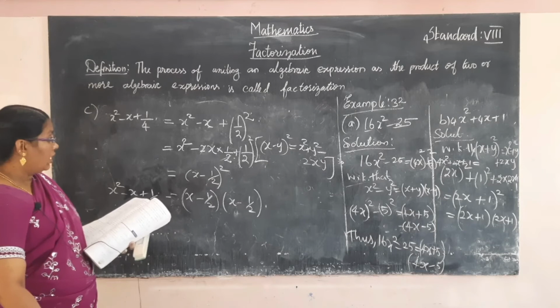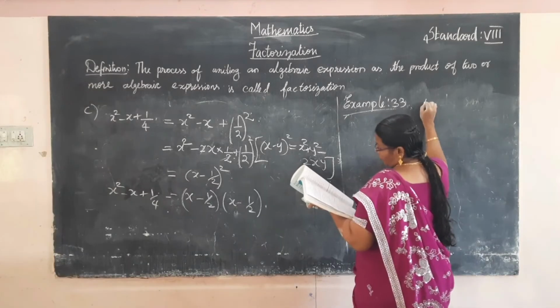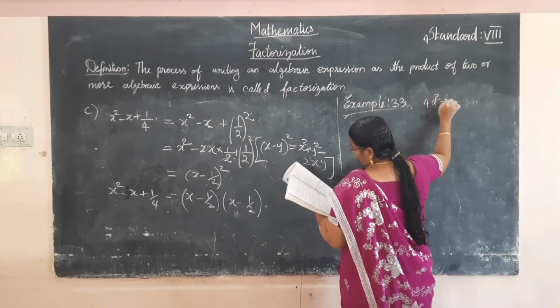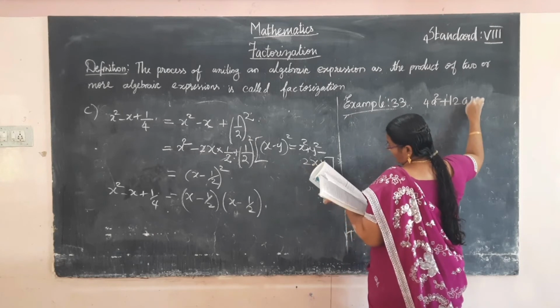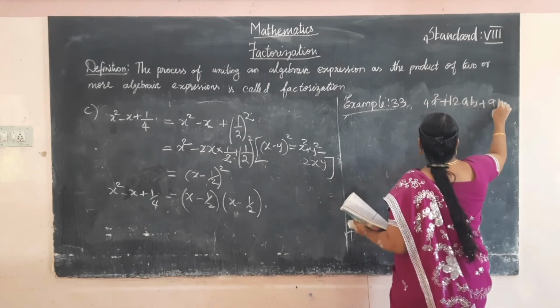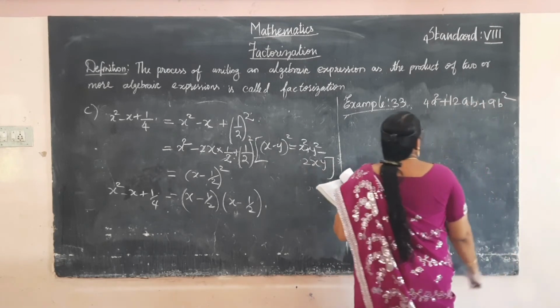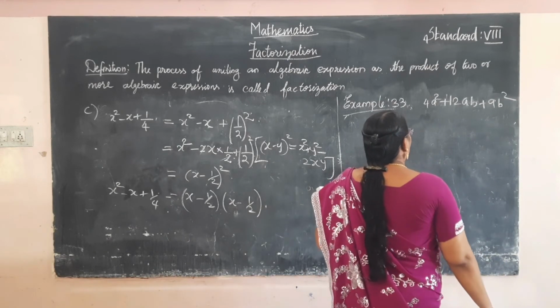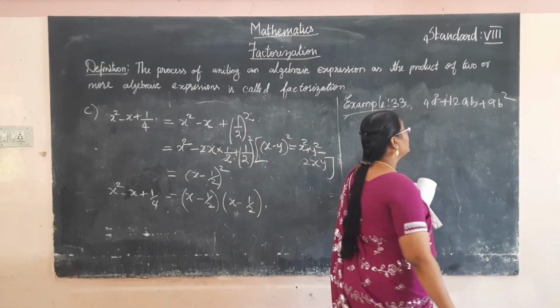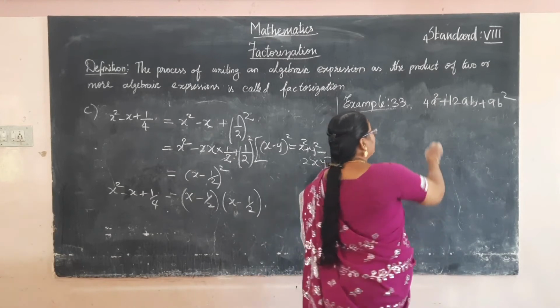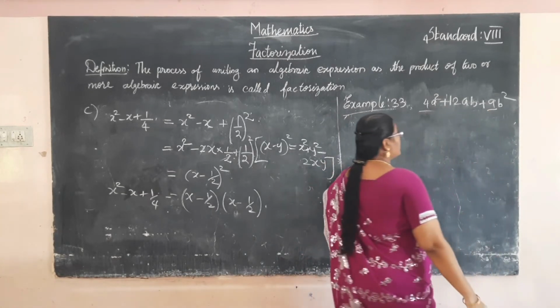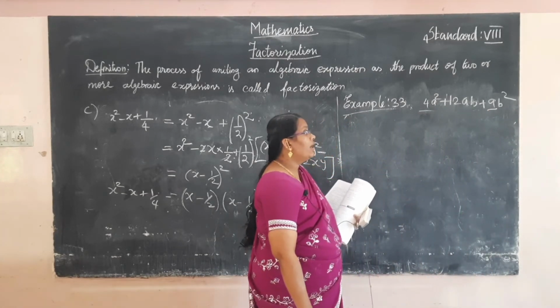Now move to example 30: 4a squared plus 12ab plus 9b squared. Here also we use the identity. These are the squares of 2 and 3.